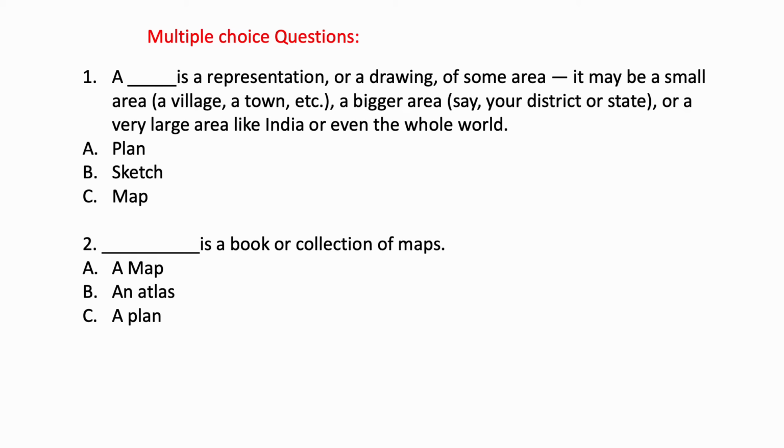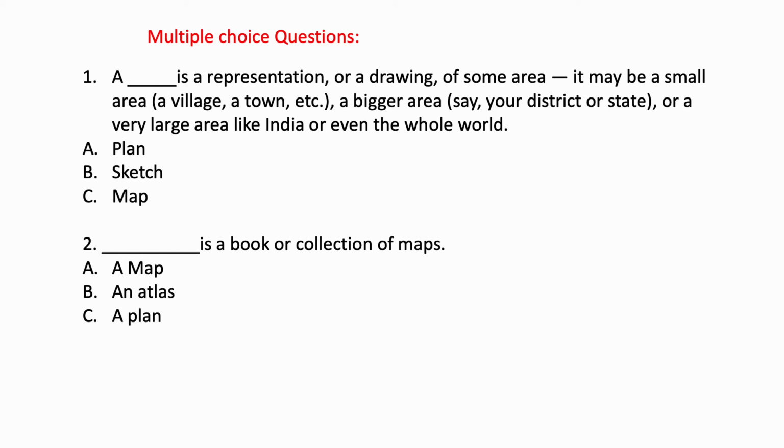Multiple choice questions. First one, a dash is a representation or a drawing of some area. It may be a small area like a village, a town, etc. A bigger area, say your district or state, or a very large area like India or even the whole world.